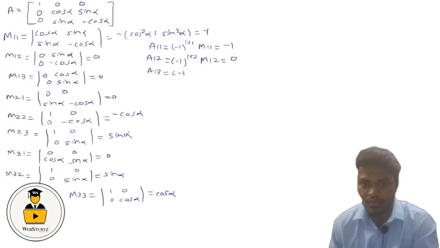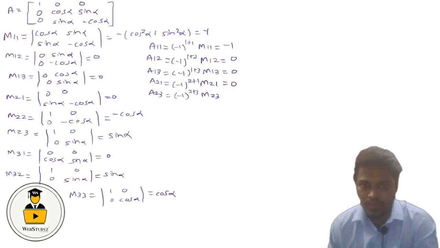A13 will be minus 1 raised to 1 plus 3 into M13. M13 is 0, so this will be 0. A21 will be minus 1 raised to 2 plus 1 into M21. M21 is again 0, so this will be 0.